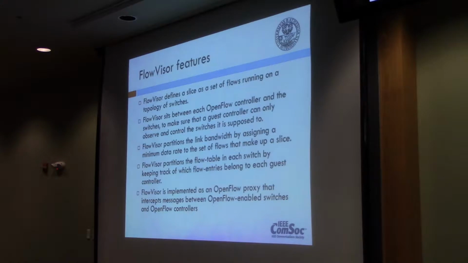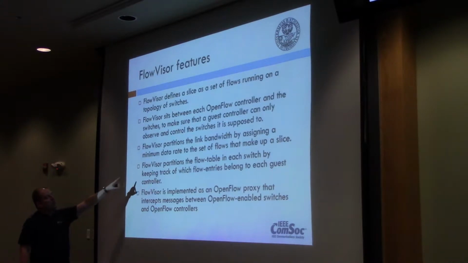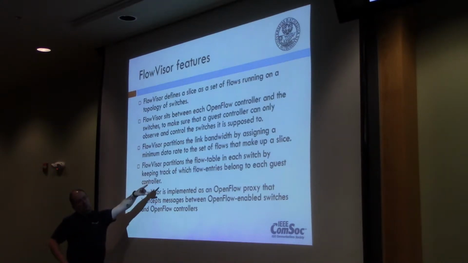Here there is some brief explanation. So practically, when you run FlowVisor, it's not as simple as in the case of OpenFlow, because the network manager should build the slices himself. You can do it automatically if you want with some rules, but in general, there is the intervention of the network operator that builds the slices. Then, by sitting between the controller and the slice, FlowVisor can do a lot of things.